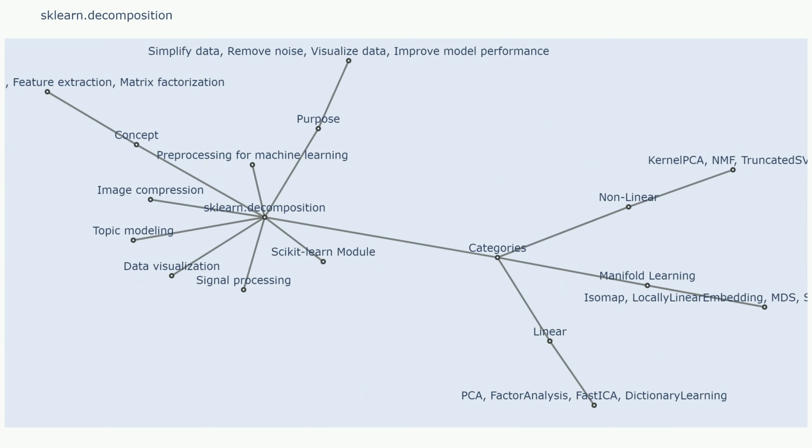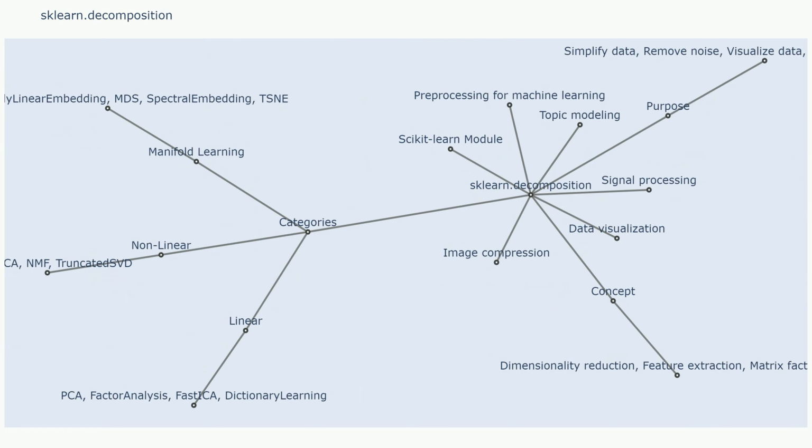Truncated SVD, a computationally efficient alternative to PCA for large datasets. Sparse PCA, excellent for promoting sparsity and interpretability in the components, especially when dealing with high-dimensional data. ICA, suitable for finding independent components, particularly when dealing with mixed signals or blind source separation problems.